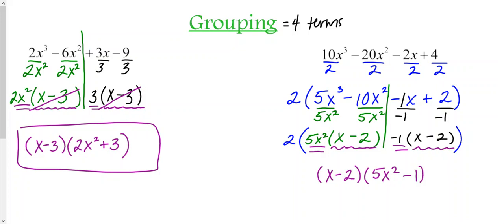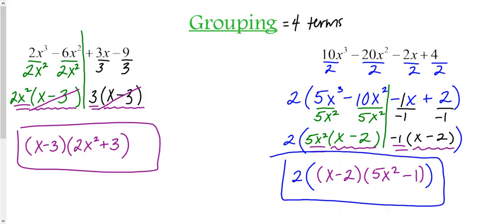That's not our final answer in this case because we had that first GCF at the very beginning. Now you don't technically need the blue parentheses. You could just write the number 2 in front, but I kept the parentheses just so you could see. So the second example was an example of using a greatest common factor first and then continuing to group.